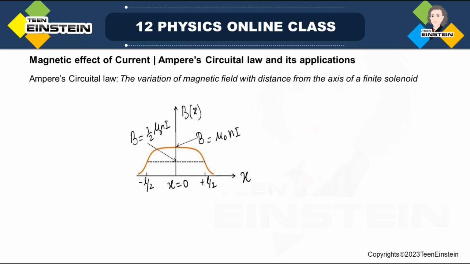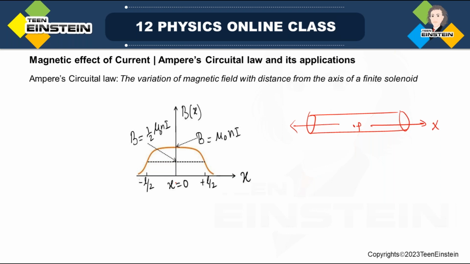Now if we go away from this point P on both sides along the axis of the solenoid, how does that change? It changes like this. Look here, this is the x-axis, and this is the magnetic field.